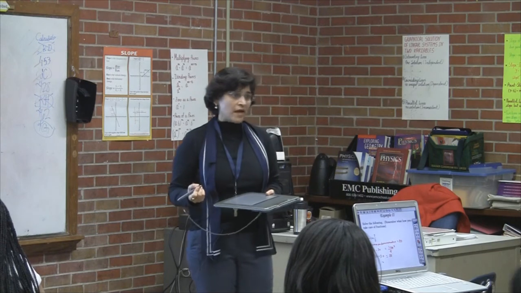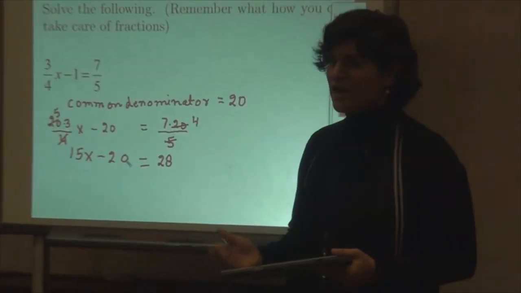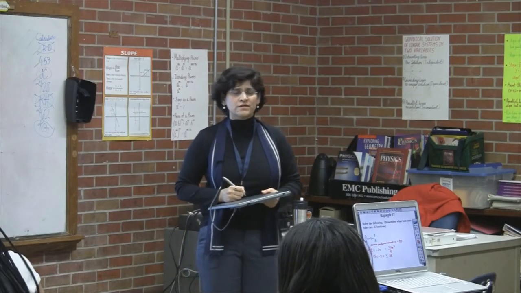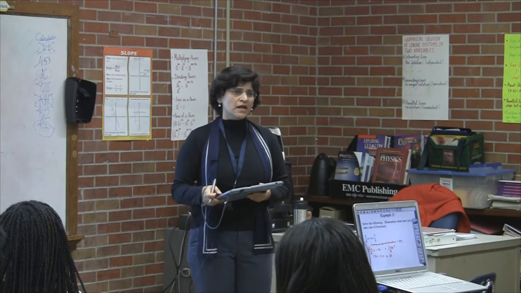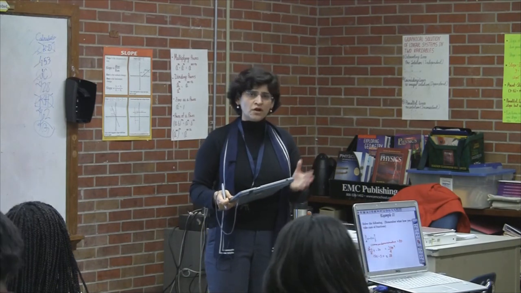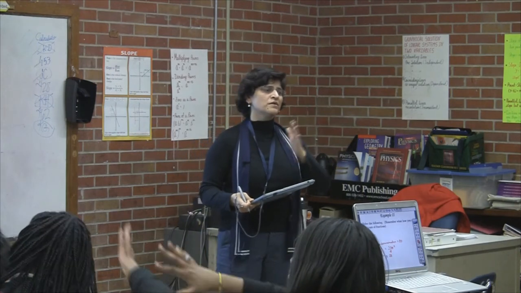Now we have an equation that doesn't have fractions at all, and we didn't use a calculator. This is a very important skill. If you learn it, you will never be scared of fractions, if you can find the least common denominator and just multiply both sides by it.